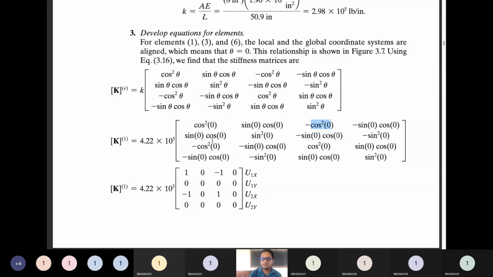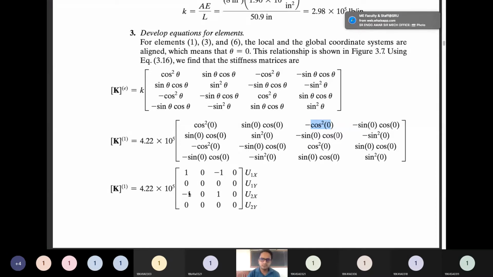So you can see here for all the elements, here also you get minus cos square theta. So cos theta is 1, cos square theta will be 1 into 1, that will be 1, and the minus sign is outside, so it will become minus 1 like that.